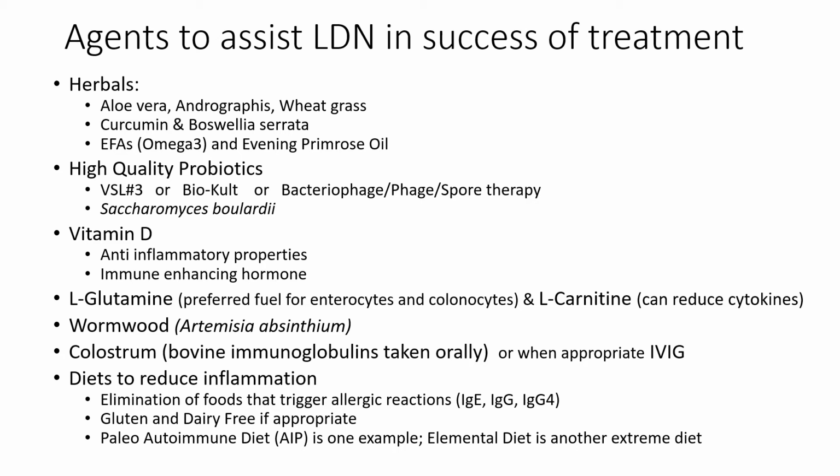Gluten and dairy are big on the list. They're like number 1, number 2 on the list of inflammatory foods for many people, not all, but many. And then there's the paleo autoimmune diet as one example. The elemental diet is another example, but it is kind of harsh and difficult to have patients follow through.